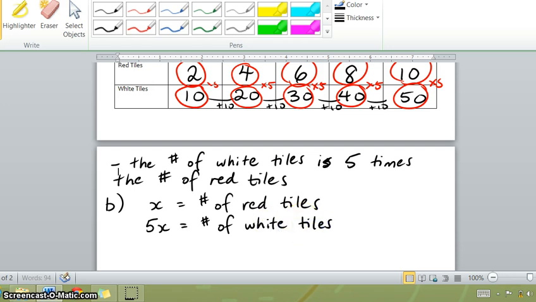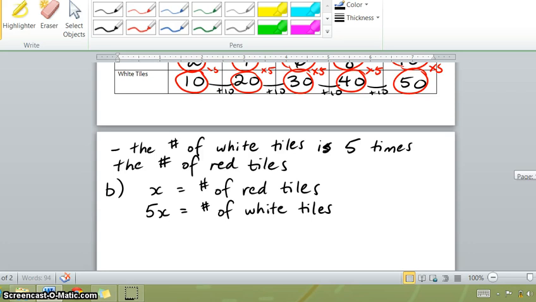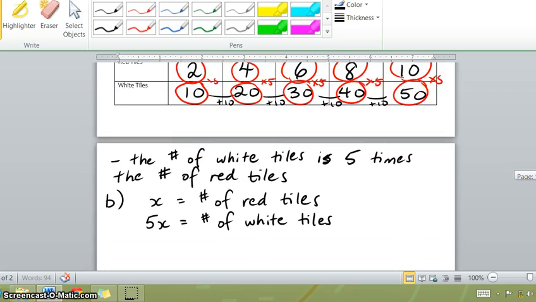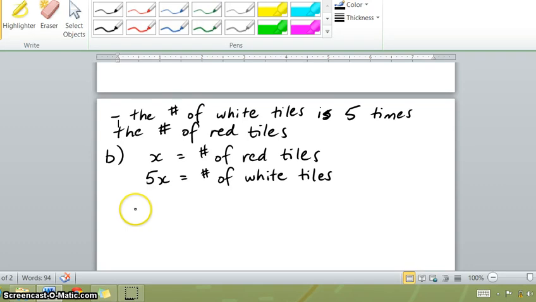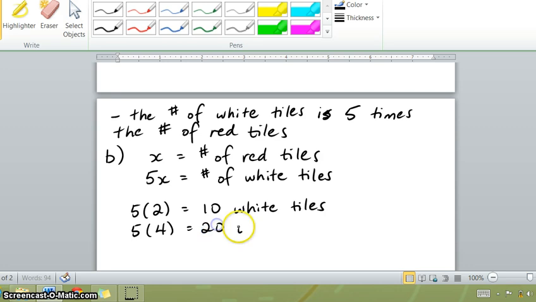How do we know this expression works? Well, here's an example. If we go back to the number of red tiles here, if we had 5 times the number of red tiles, which is 2, we would get 10 white tiles. Here's another example. If we had 5 times the number of red tiles, which is 4, we would get 20 white tiles.